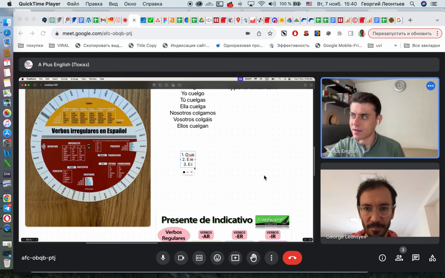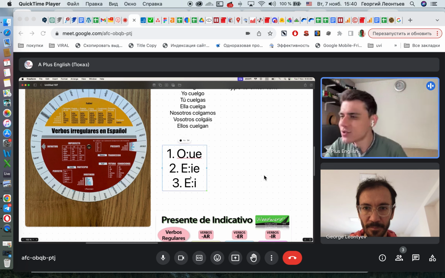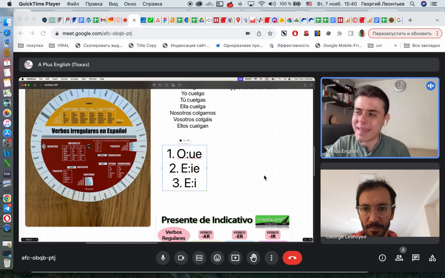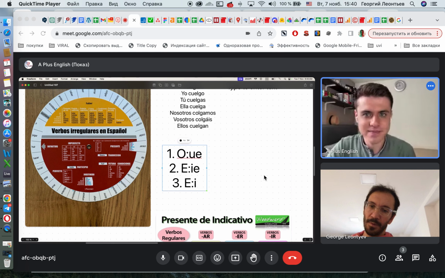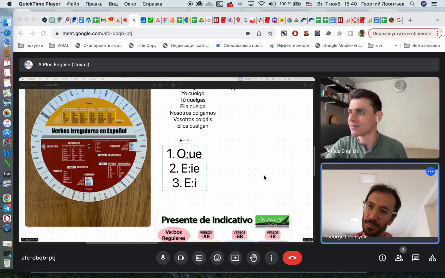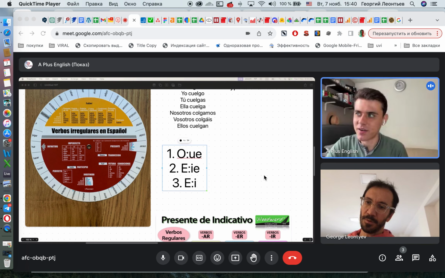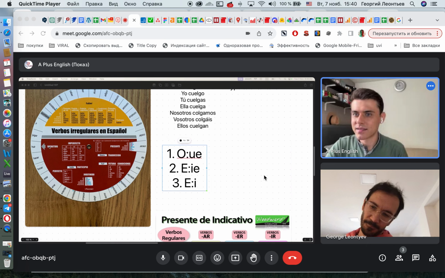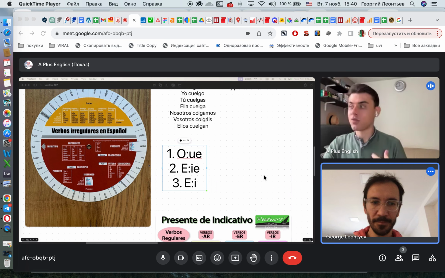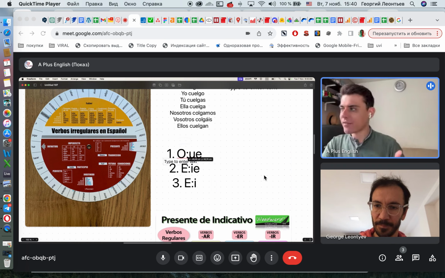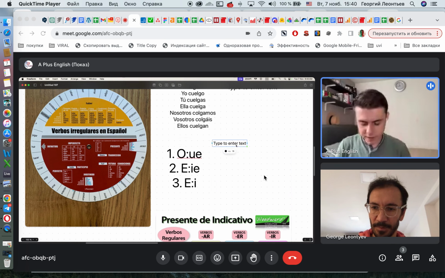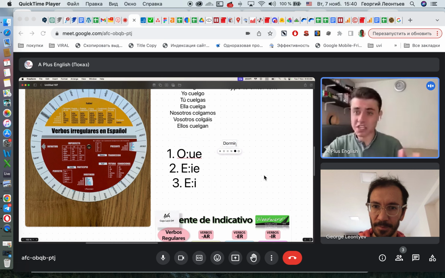Okay? I want you to go to the verb dormir. So you're going to put dormir over here on this little arrow. And so you see the present tense of dormir. If dormir was a regular verb, we're just going to change the ending.